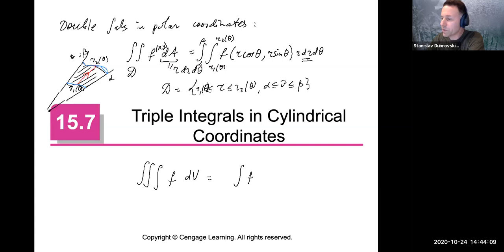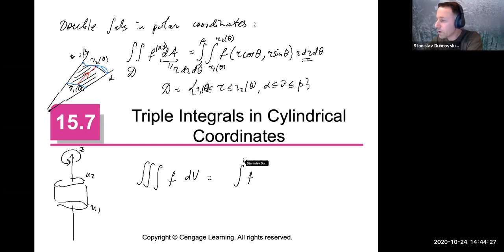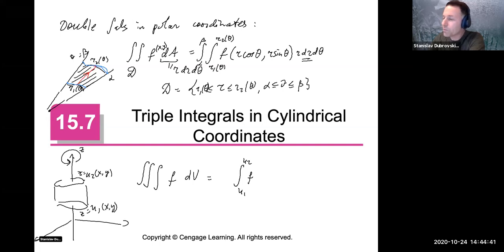So our solid would have some kind of rotational symmetry around an axis, and we'll call this axis the z-axis, and it will have a certain top and bottom lid, let's say u2 and u1, and the whole idea is z is u2 and z is u1 as a function of x and y. And the whole idea here is that the rest will be written using polar coordinates.